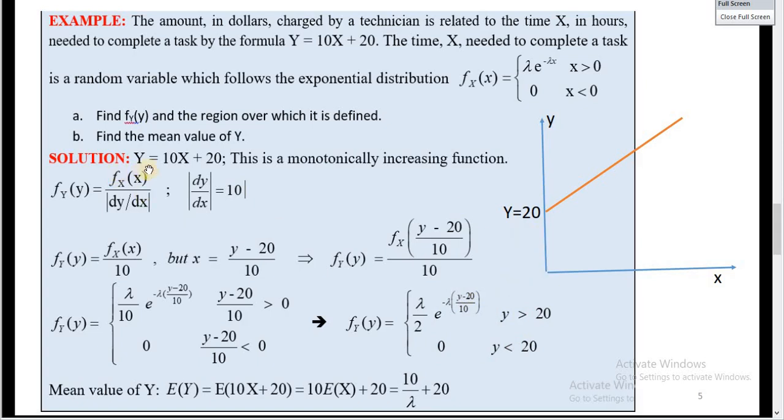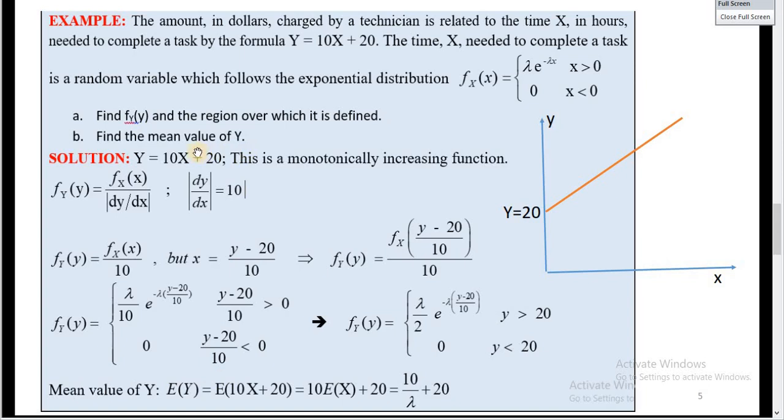We need first to identify the density function of x. We also need to find the derivative of the transformation. And the third step is to relate x to y, that is, make the substitution in the density function so that it becomes a function of y rather than a function of x.